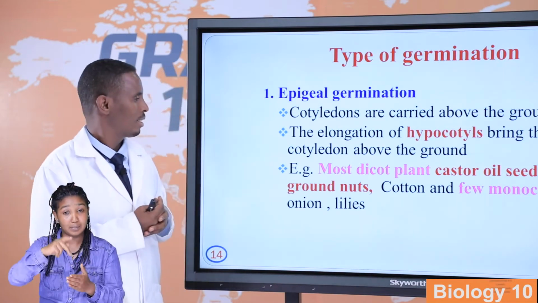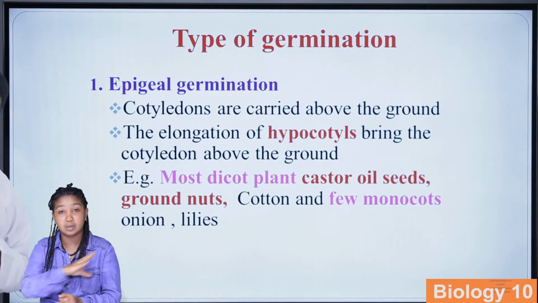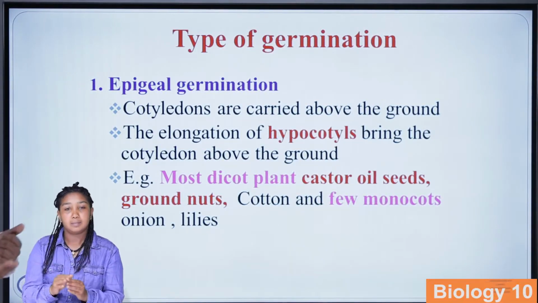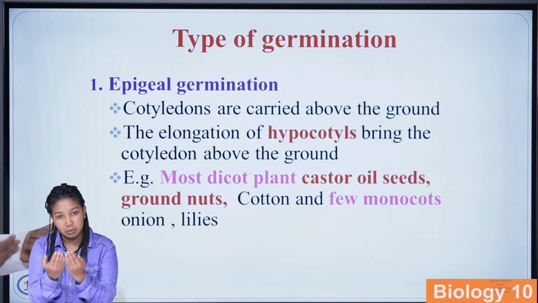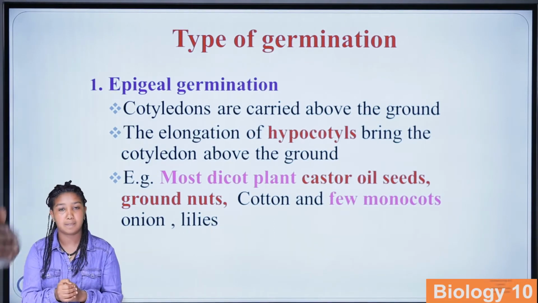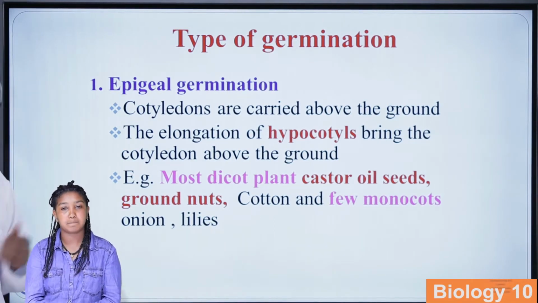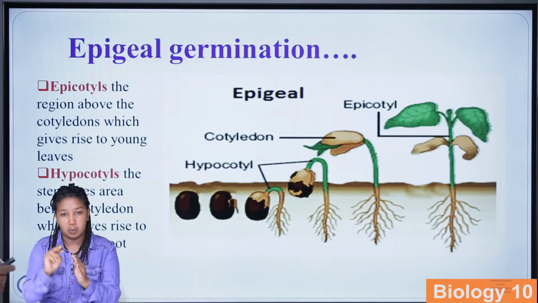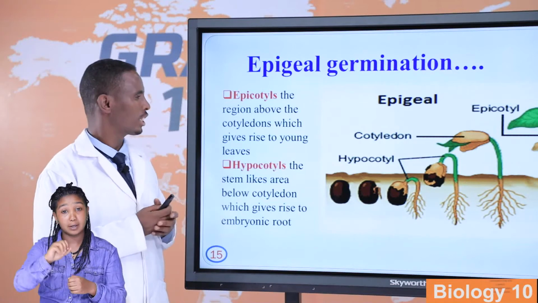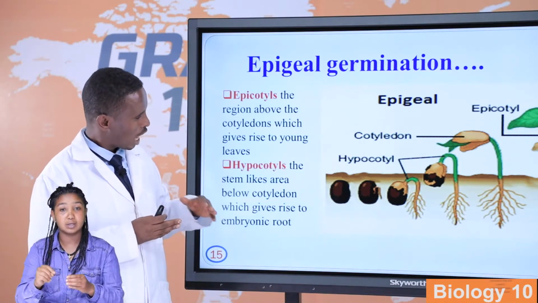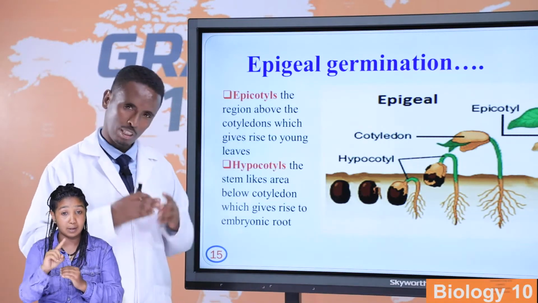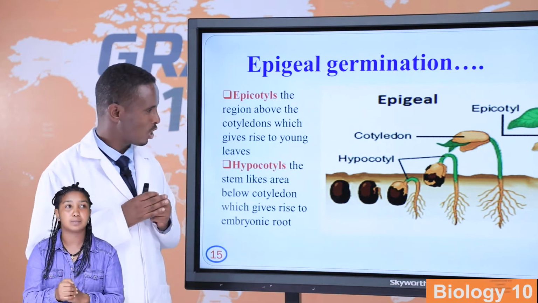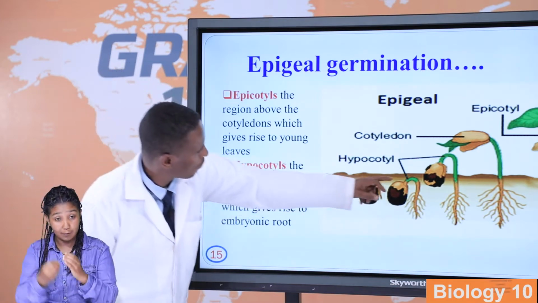Epigeal germination is mostly a characteristic of dicot plants, even though a few monocots, like onion and lilies, show epigeal germination. So in epigeal germination the cotyledon is carried above the ground because of elongation of the hypocotyl.